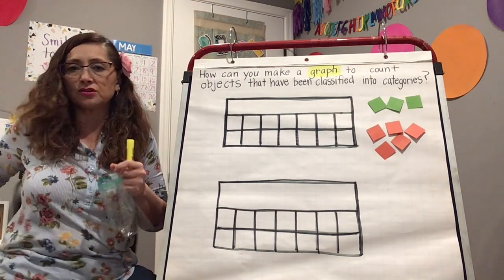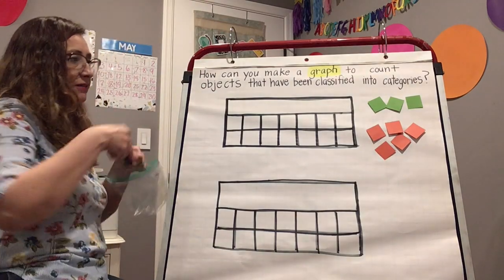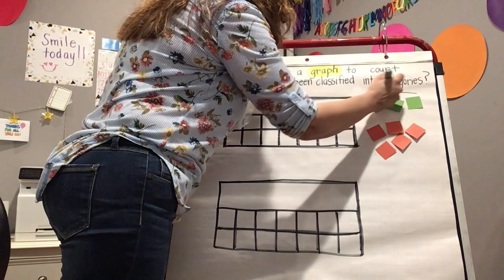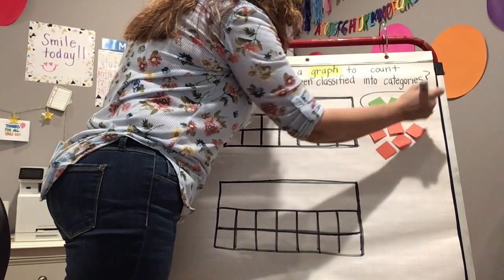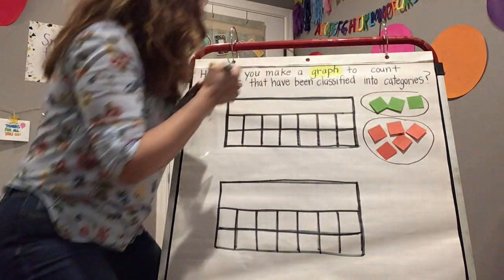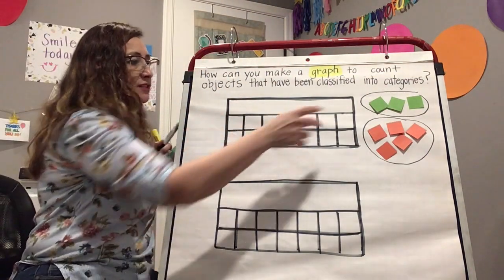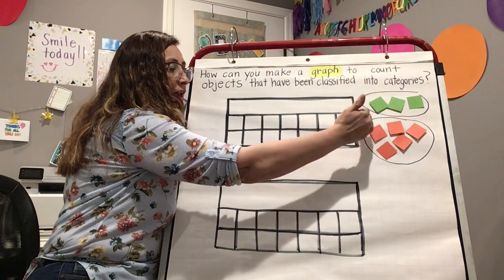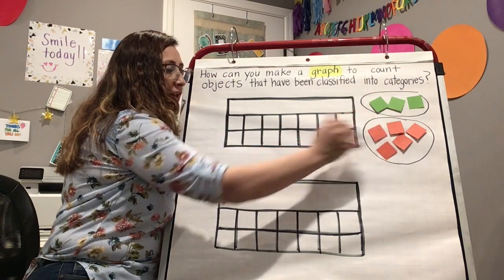So when I sorted them, I have here my group of green, and here a group of orange. So now I have sorted my shapes into two categories, the green category and the orange category.